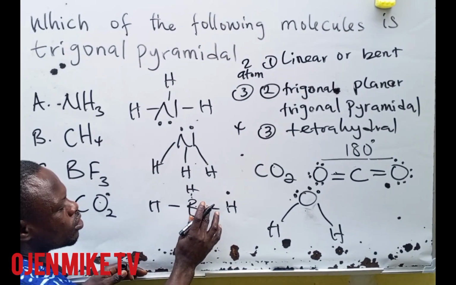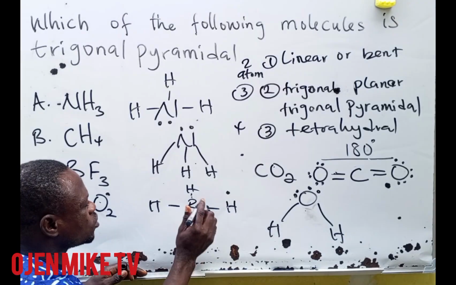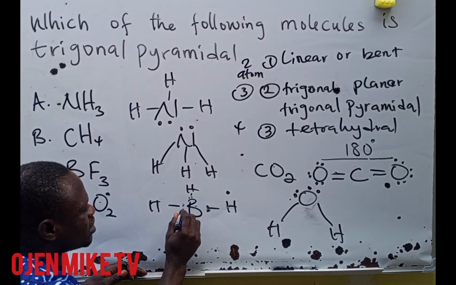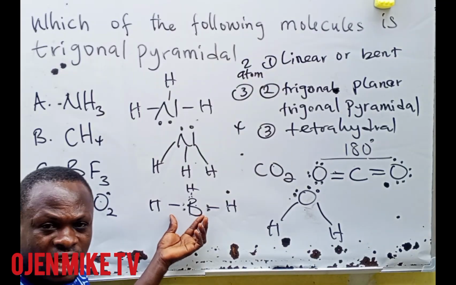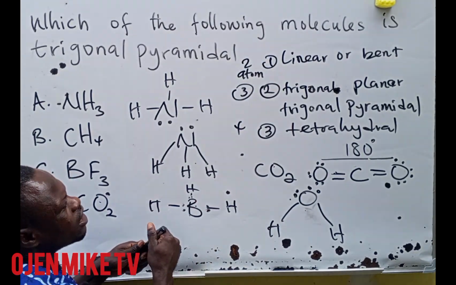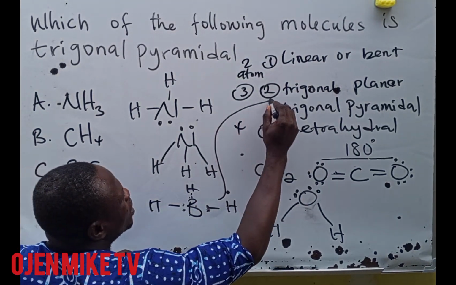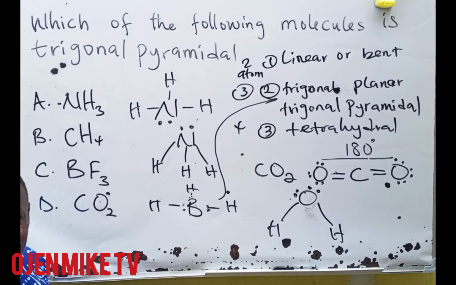So we have like this, like this, like this. Look at how it is here. There is no lone pair of electrons here. That is why the shape of this one will be trigonal planar.